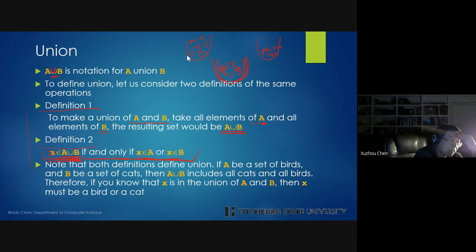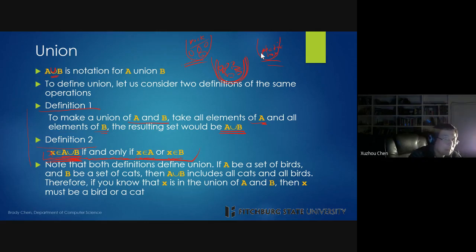Now, this is not a perfect example because we talk about two sets that are disjoint, right? If they're disjoint, if you talk about a union of these two disjoint sets, then it's not possible that an element belonging to the union belongs to both.